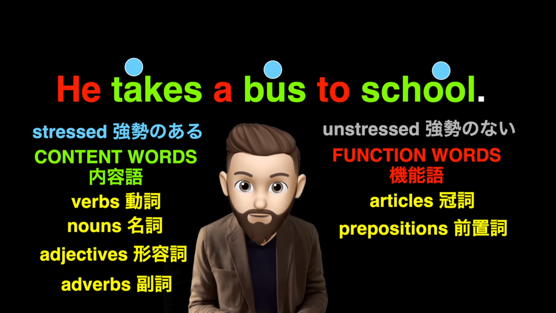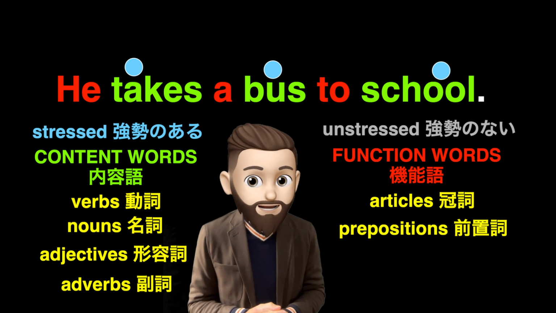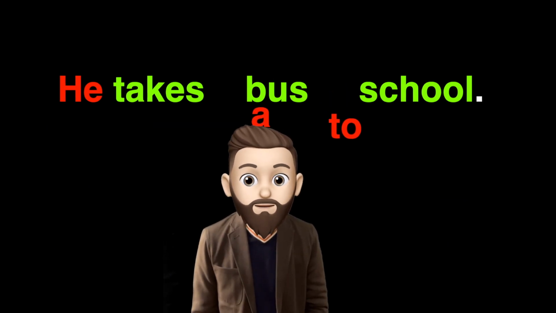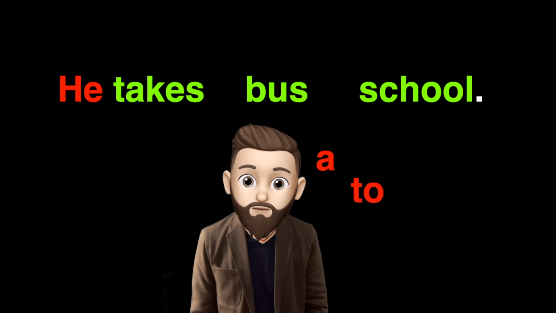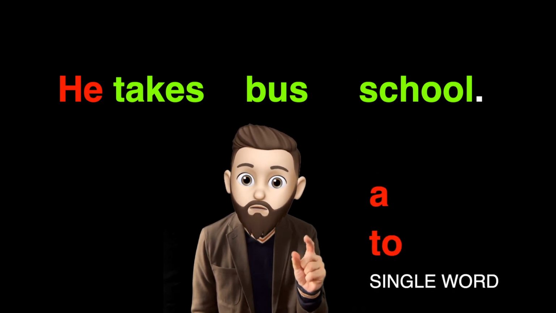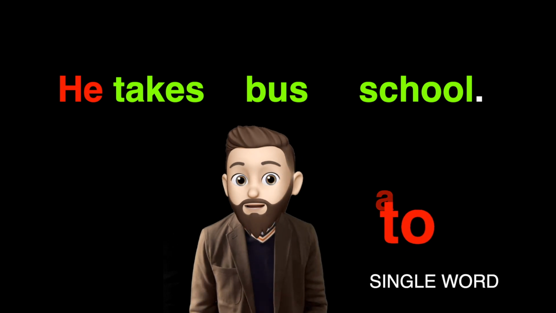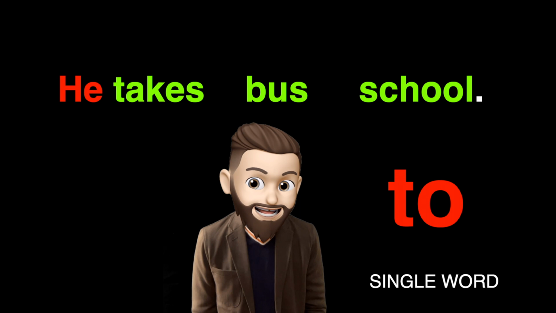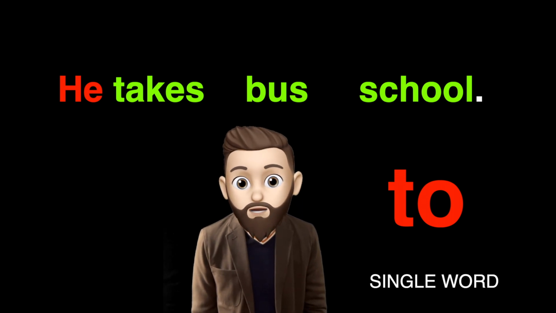They get no stress. And so they're usually pronounced as a schwa in a sentence. And it's important to understand that when function words are spoken as just a single word, the one word, like for example, "to," then we don't use a schwa. It's not in a sentence. So we'll often say "to."